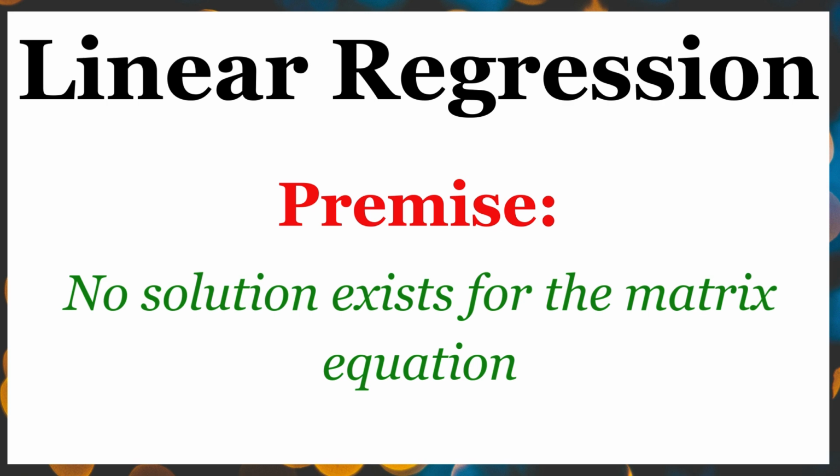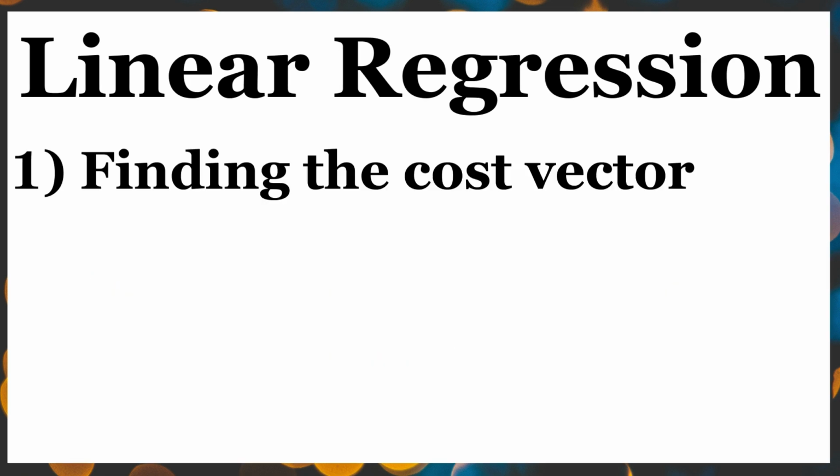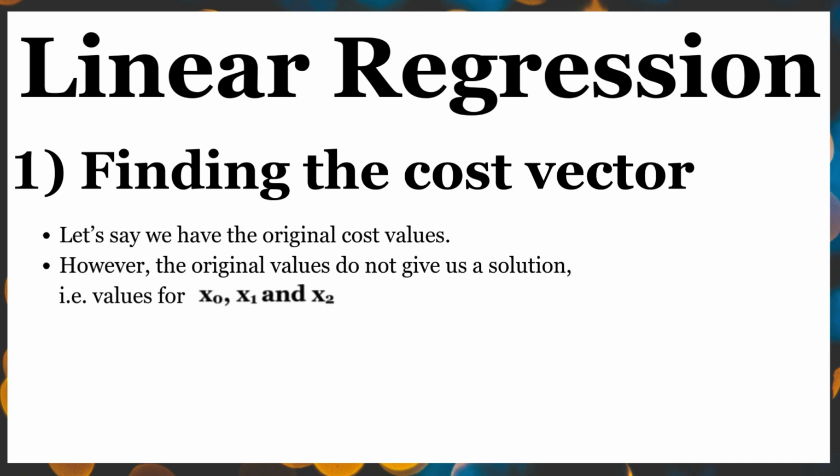This means that we have two very big unknowns to be found. Number one is the cost vector that would lead to a solution to this matrix equation. It's similar to what we said, that what b vector, what our right hand side vector, can give us a solution to this matrix equation.